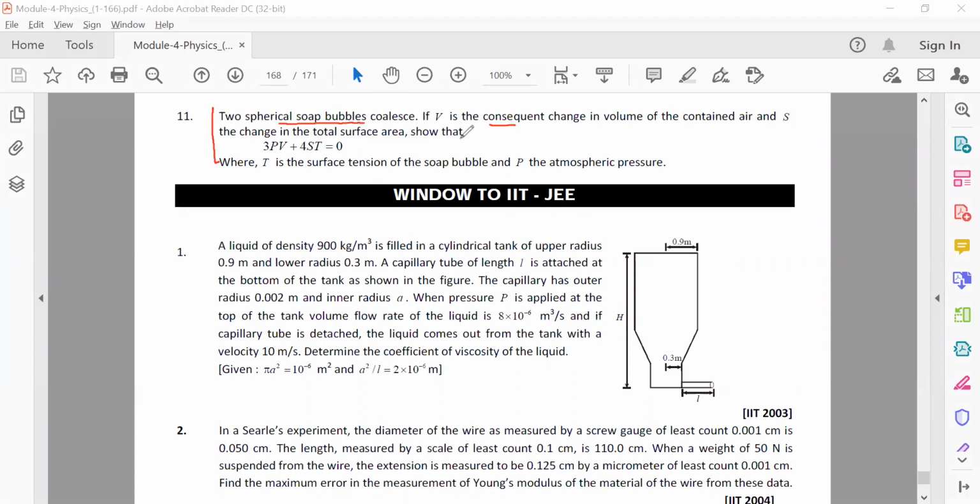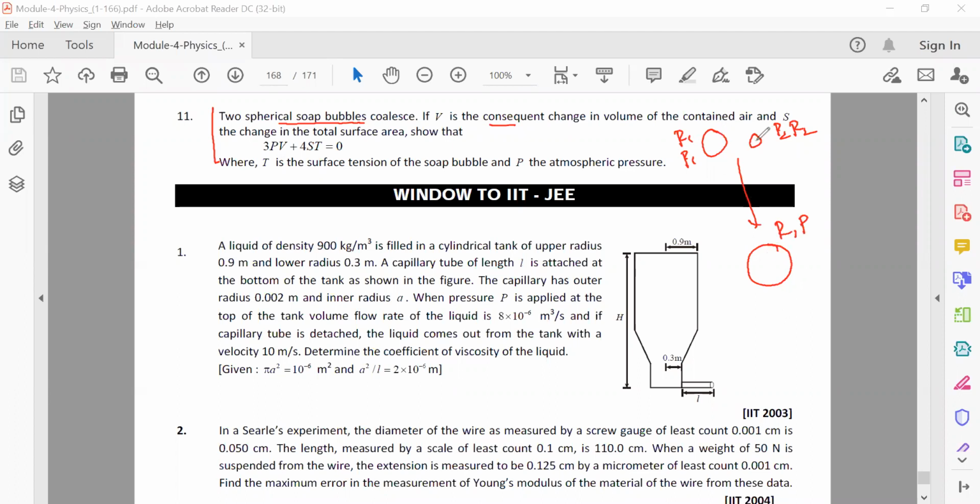Okay. So what will happen is that you have individual soap bubbles of radius R1, pressure P1, and pressure P2, radius R2. They coalesce to form a single bubble of radius R and pressure P. Okay.